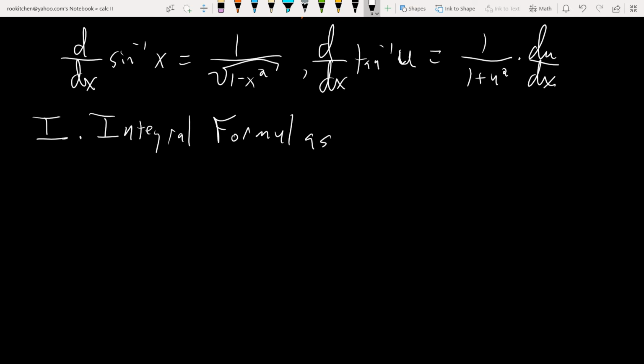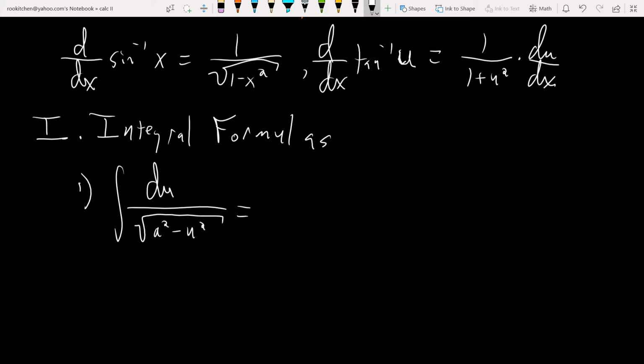I'm in favor of getting a big sketch pad and mapping it all out like you would do a decision tree with a computer program. We'll probably do that in the honors section, but everybody else is left to their own devices. The first one you need memorized is the sine inverse version. So instead of 1 minus x squared, we have a squared minus u squared.